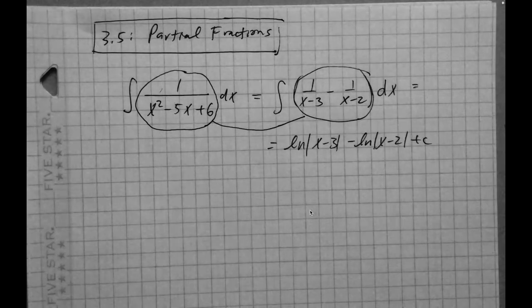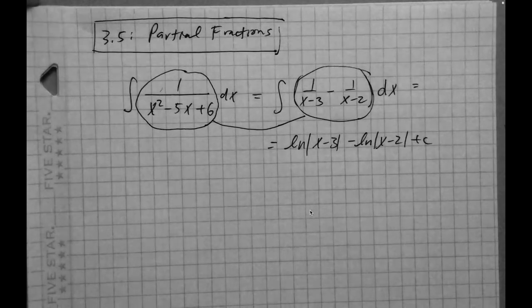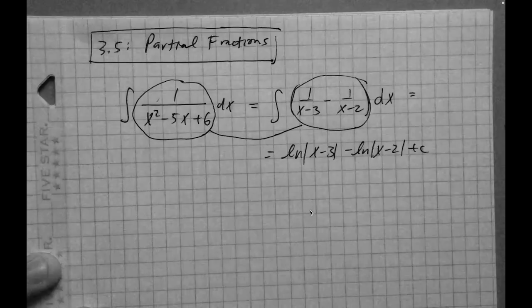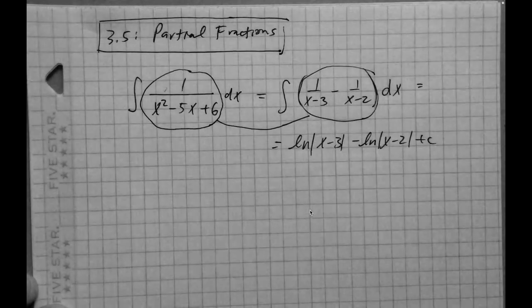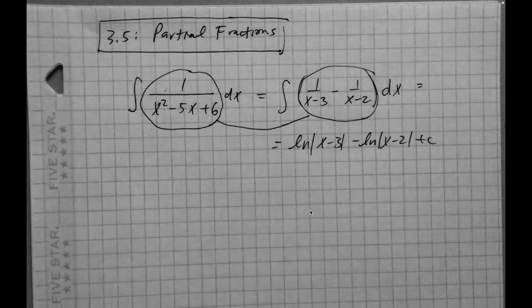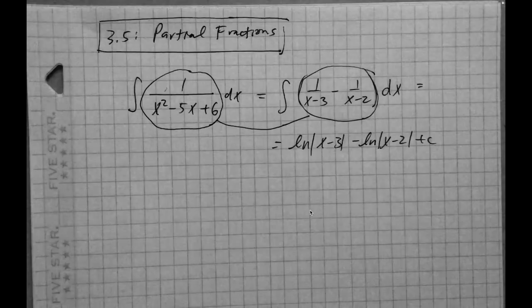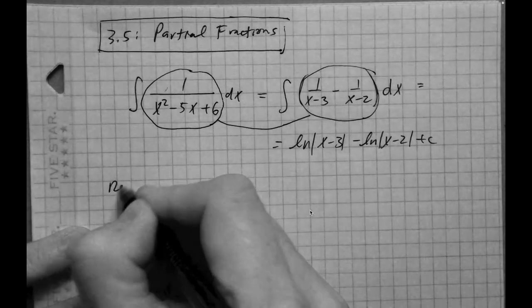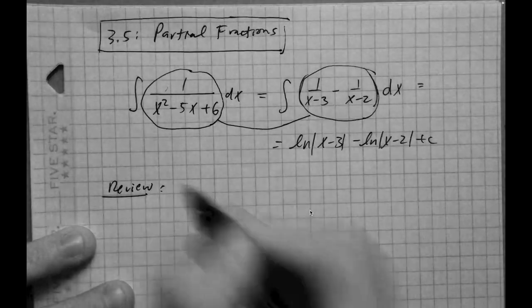You probably would have caught it in a second semester college algebra and possibly in a pre-calculus course. Okay, so let's review. What we're going to mostly be doing here is reviewing how to do a partial fraction decomposition, and then it's very quick and obvious how this benefits integration. Right, so let's review quickly. Well, not quickly, we'll spend a little bit on this. Let's review what's going on with partial fractions.